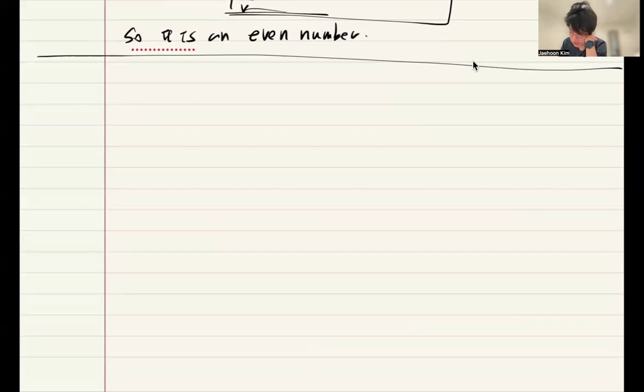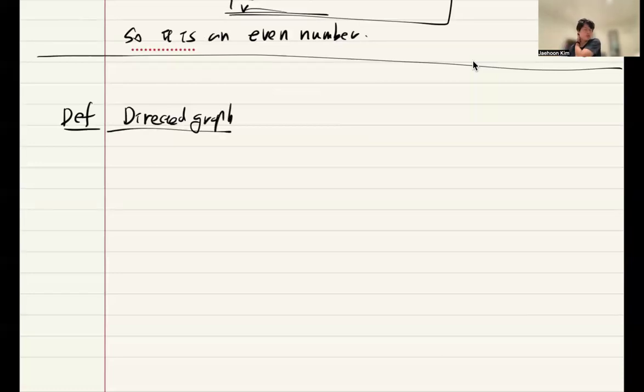And finally, let's define one more concept of directed graph. So as before, we have a certain problem. We lose the redundant information, and we just keep the essential information. That was the motivation for defining this graph.